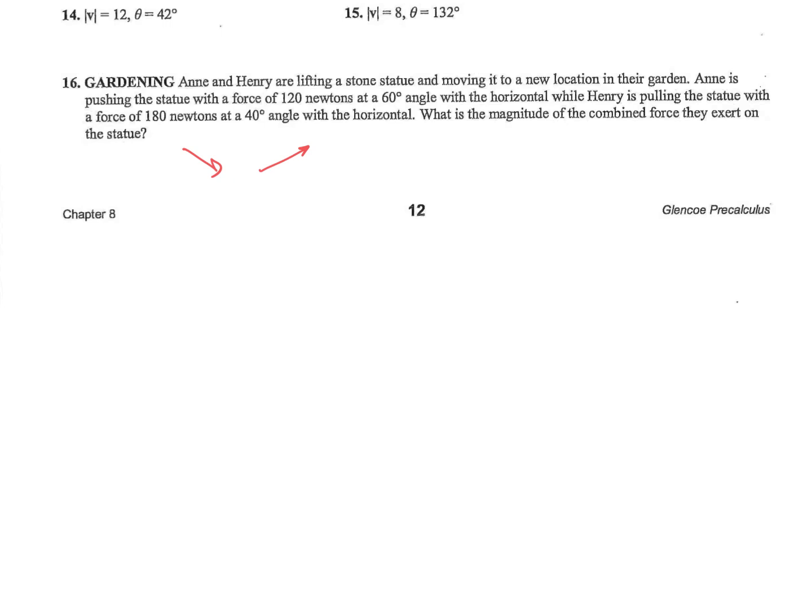We're going to have to take both of those and turn them into their what? Component form, and then add them. After that, it says what's the magnitude, then we have to take these two and find the absolute value, don't we? Okay? All right.